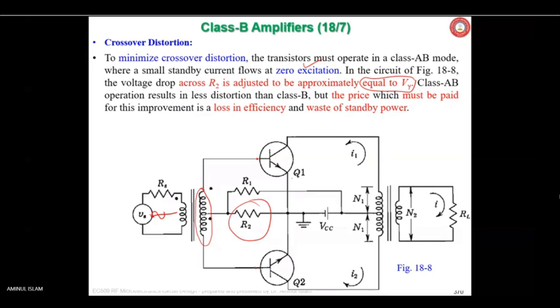When the input signal is 0, it is still conducting because of this kind of biasing, because we have applied a base voltage greater than 0, around 0.5 volt or 0.7 volt, which is the cut-in voltage. Understood? So, loss of efficiency and wastage of standby power.